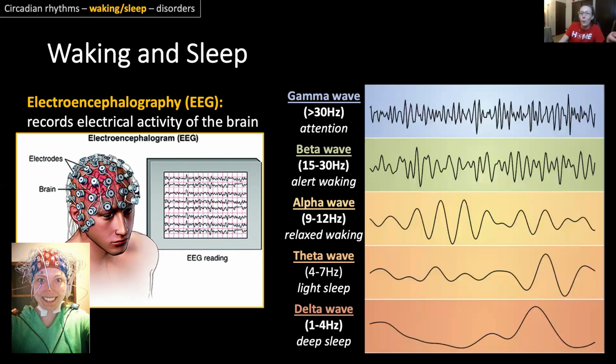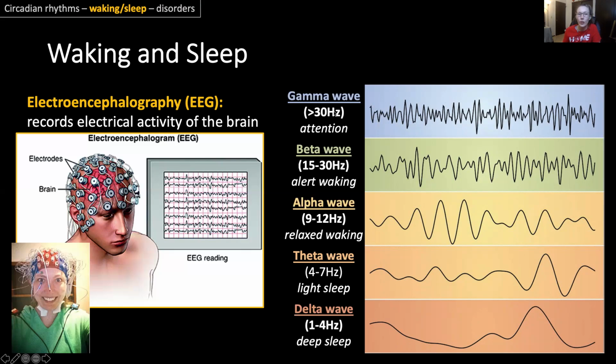So let's talk about waves. These are the 5 main waves that are referenced in your book and that are typically associated with sleep. Looking at waves again, we know that they vary in multiple components. They vary in frequency, which is the number of cycles per second. So basically how often it goes up and down and returns to the same point in 1 second.